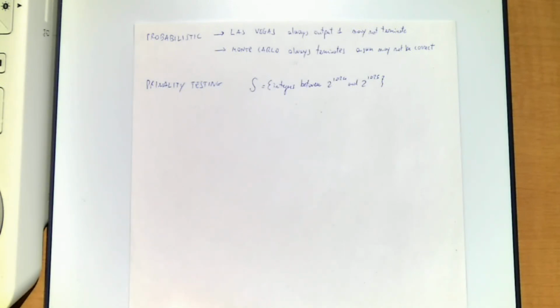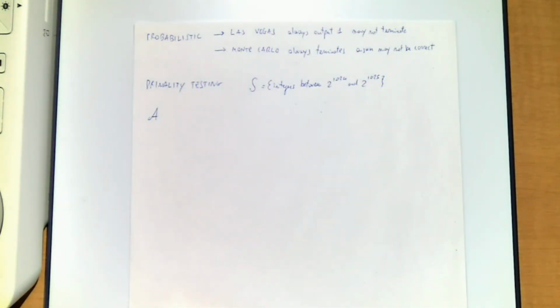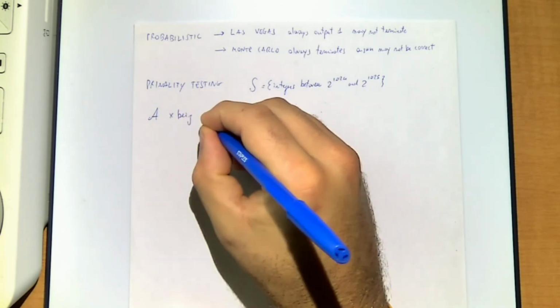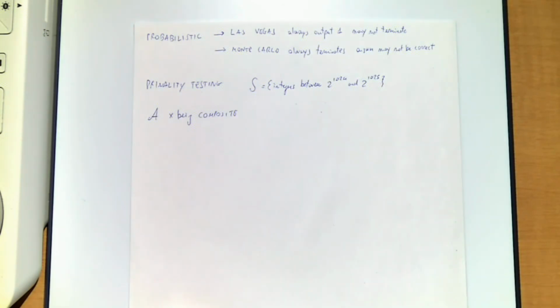And now let's fix an interesting property A. Since we're looking for primes, property A could be the property of x being composite. Then, basically, if you're looking for primes, you're looking for numbers that do not have the property.